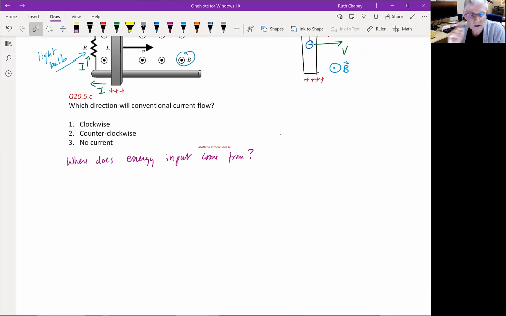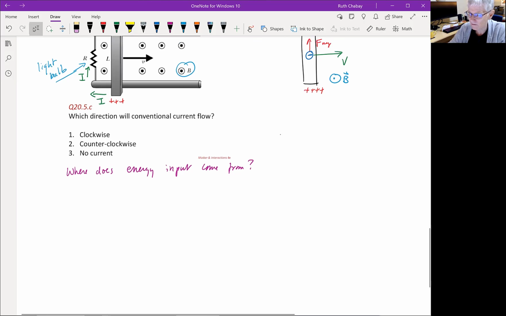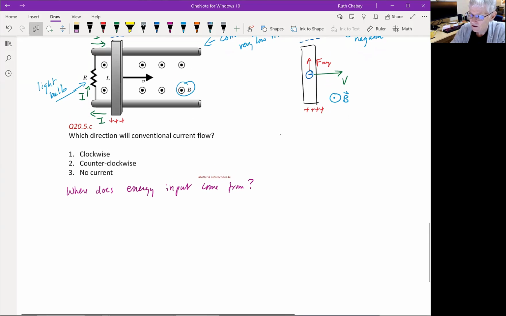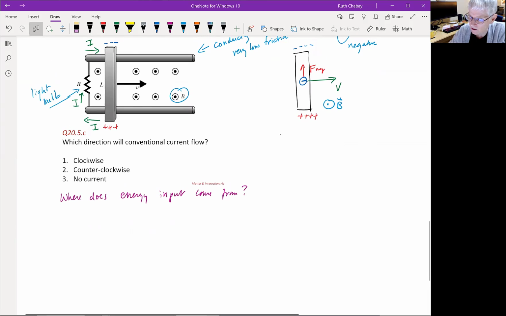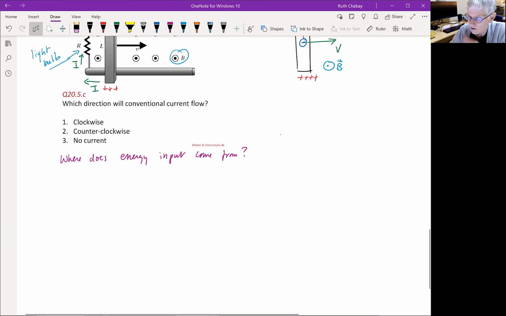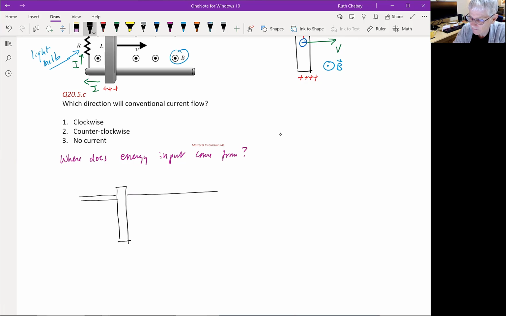So let's actually think about the situation that we've got here. Let's redraw our circuit. So here's our moving bar. Here are the conducting rails.